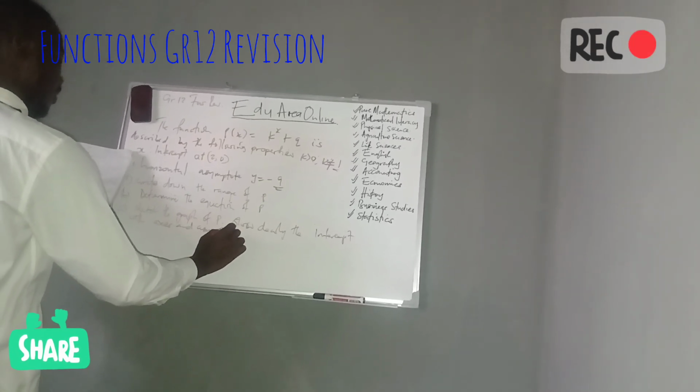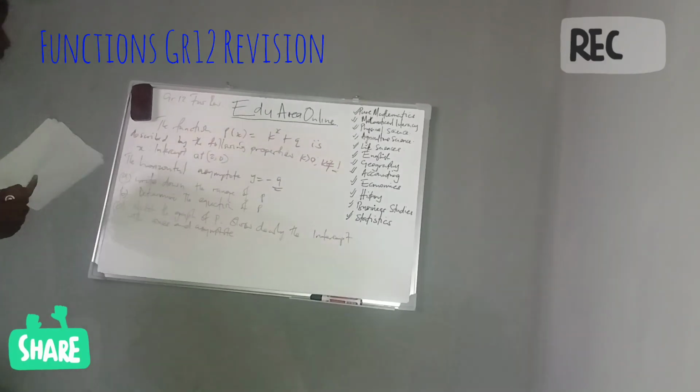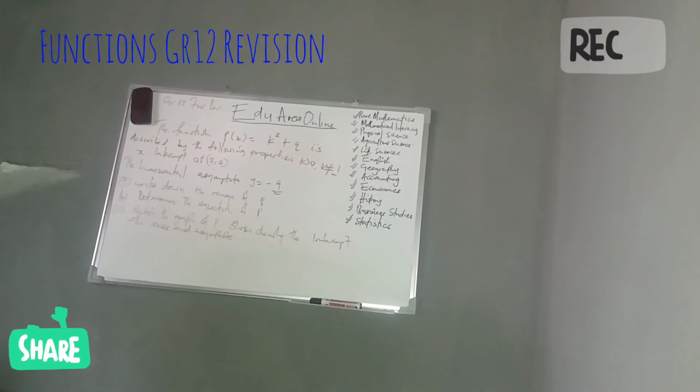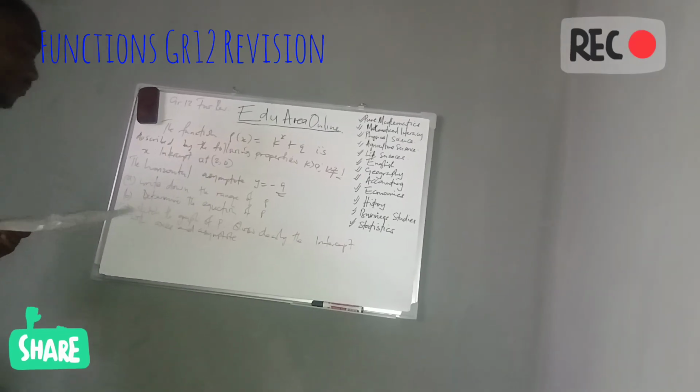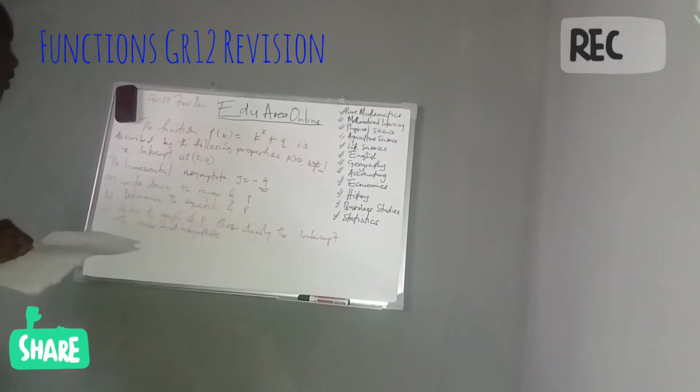So it is saying show clearly the intercept with the axis and the asymptote. So this is the question.